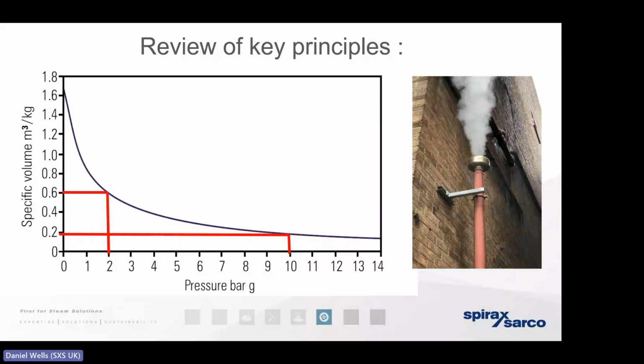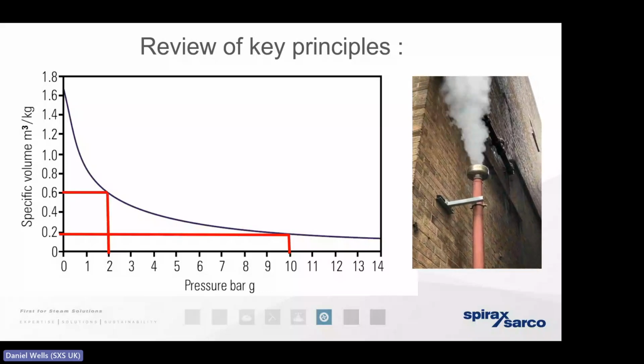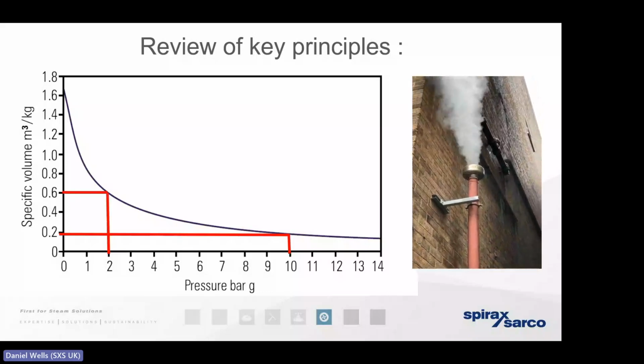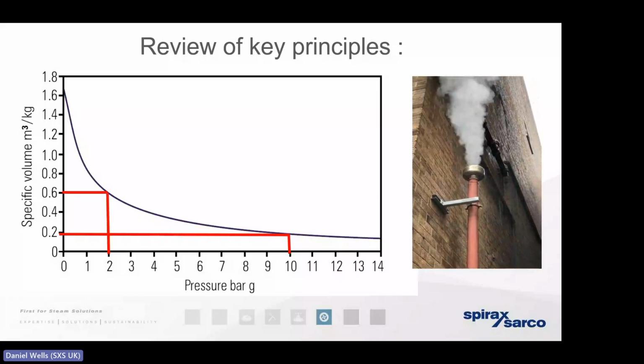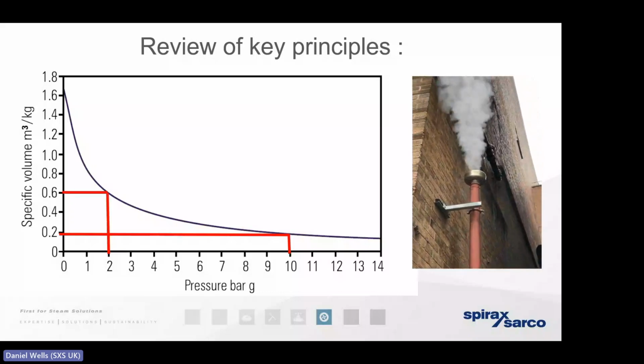And the problem we have is if that steam passes across into the condensate infrastructure, that huge expansion is likely to result in a lot of damage to the condensate infrastructure itself. So typically, we're going to have steam vents that are sited periodically on the condensate side with the purpose of allowing that expansion to be vented away to atmosphere.